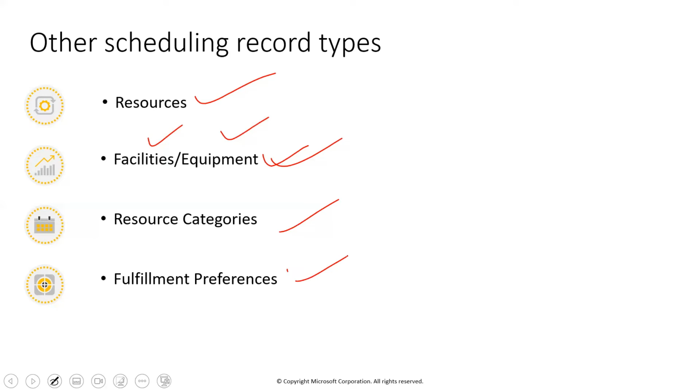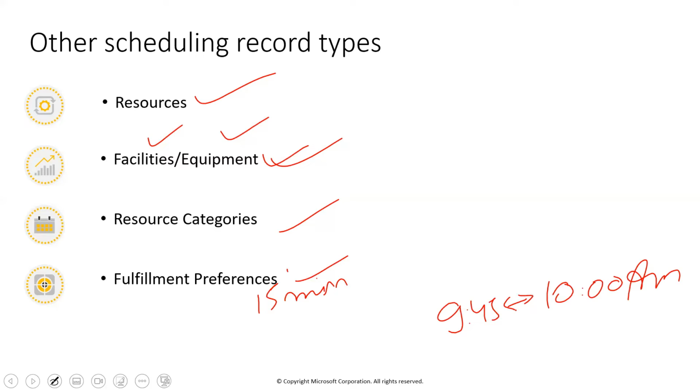accordingly to the scheduled activity. Let's suppose that my activity has been scheduled for 10 a.m. What fulfillment preference will do is verify the condition I define in it. Say I have defined 15 minutes of preference. It is going to check for my specific resource who is going to be free at 9:45. Whatever timing we have defined, accordingly it is going to check the gap before this time.